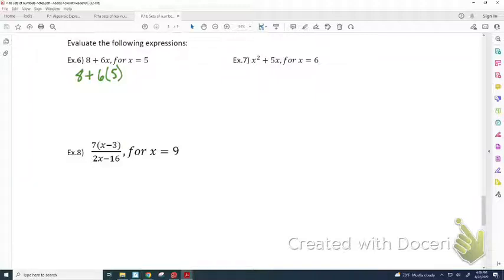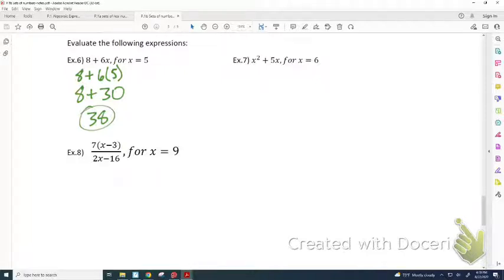If it requires plugging in, solving, something like that, I need to see at least one step of math. I realize you can do this in your head, but I need to see one step of math. And we get 38. Maybe try 7 and 8 without me. Hit pause, wrap those up.